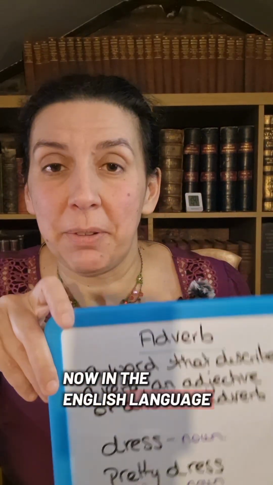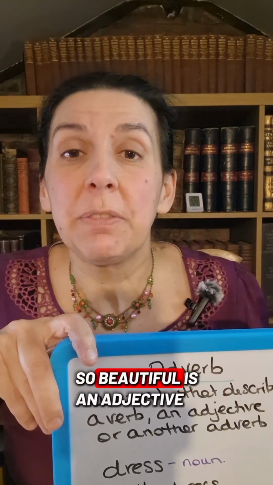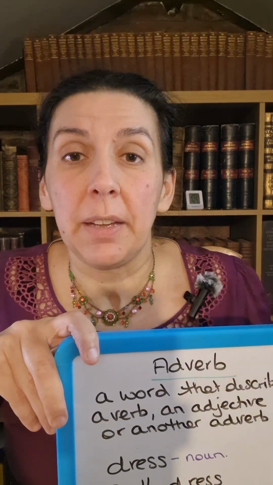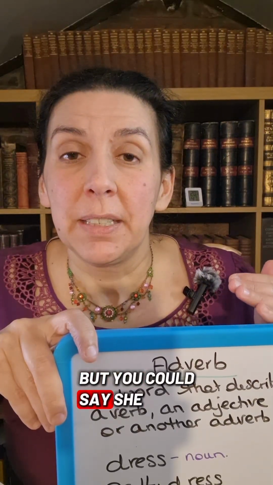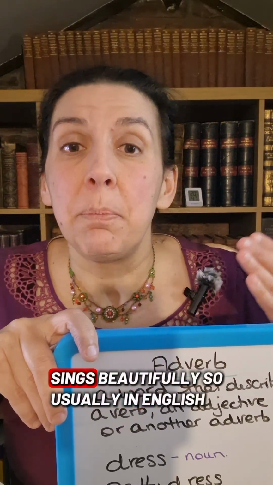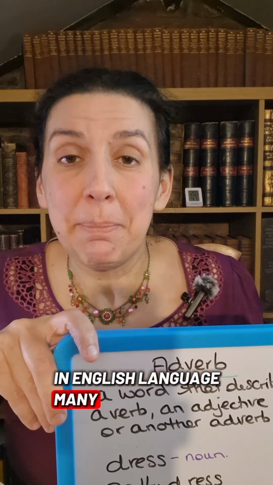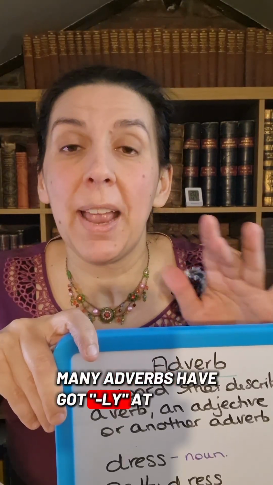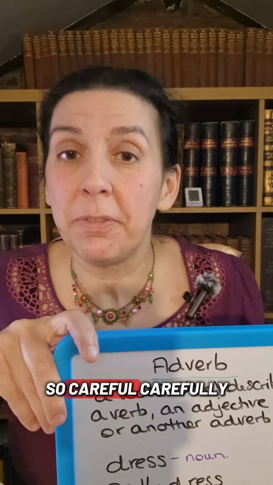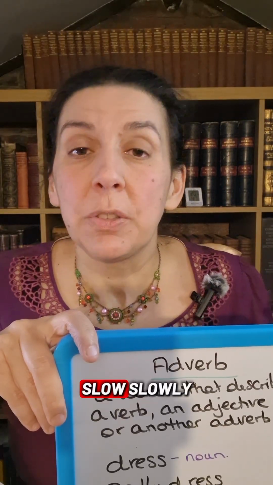Now, in the English language, let's take the example of beautiful. So beautiful is an adjective. She has a beautiful face. But you could say she sings beautifully. So usually in the English language, many adverbs, not all adverbs, many adverbs have got ly at the end. So careful, carefully. Slow, slowly.